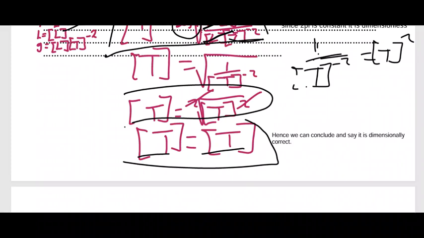Hence we can conclude that it is dimensionally correct. You've shown that this equation is correct. So before you use any equation or formula in physics, let's say you forgot the formula, but you have some basic concept of dimensional analysis, you can analyze whether the equation you want to use is actually correct.